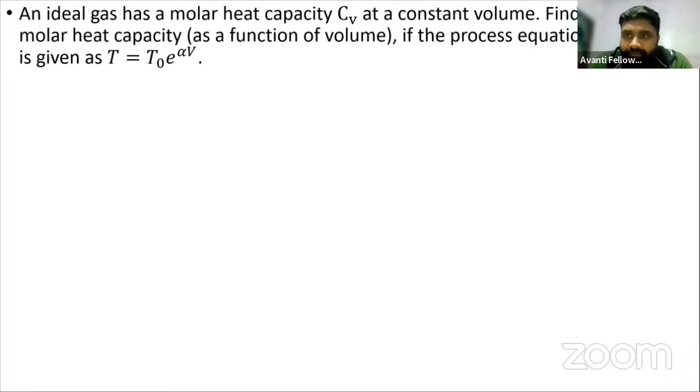An ideal gas has a molar heat capacity Cv at constant volume. Now find the molar heat capacity as a function of volume if the process equation is given as T is equal to T naught e raised to the power alpha V. Now try to solve this one.